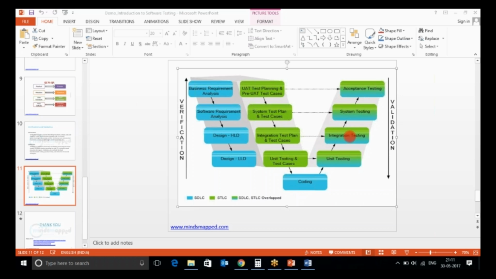Integration testing is checking whether the different modules which are connected are working correctly or not, whether the data is being passed correctly. Let's say there are multiple applications working together. One application is connected to another, and that is connected to n number of applications. Is the data flowing from one application to another correctly or not?